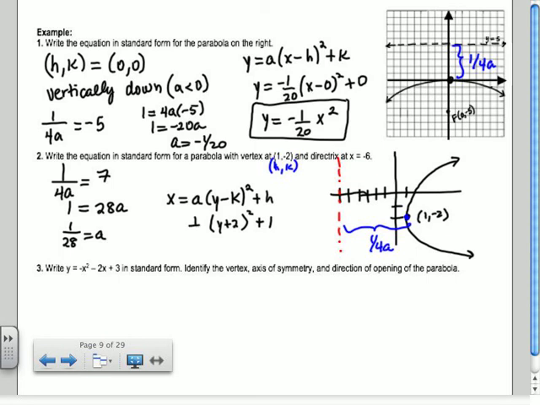A is 1 over 28, so I get x. A lot of times it's easier if you write it x minus 1 equals 1 over 28, y plus 2. So both signs are opposite of what they were. It's 1, negative 2, so you have negative 1, positive 2. I always wrote it like that when I was in school. All right, so that's your answer. That's it.